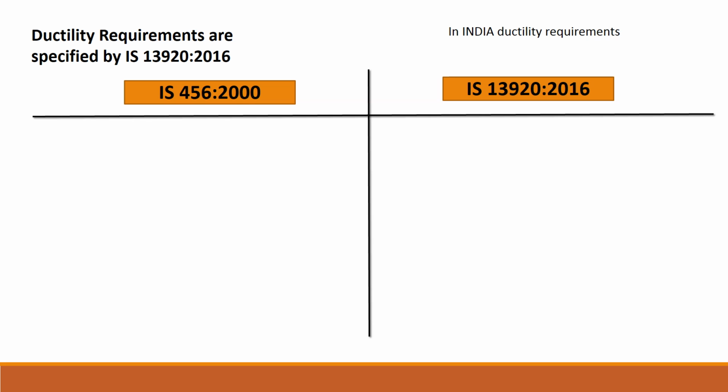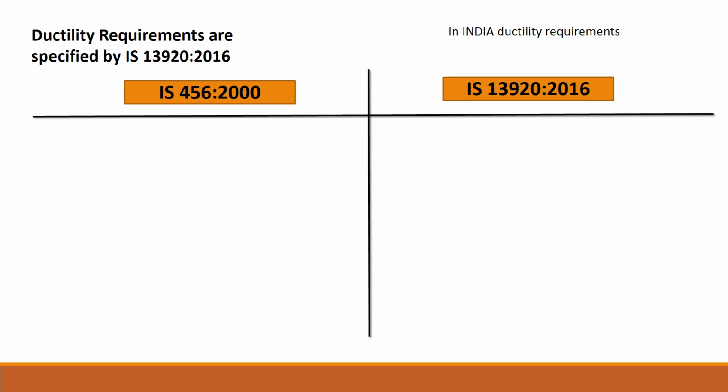So the approach used in the Indian code for earthquake resistant design is that both strength as well as ductility requirements have to be specified for earthquake resistant design of structures.